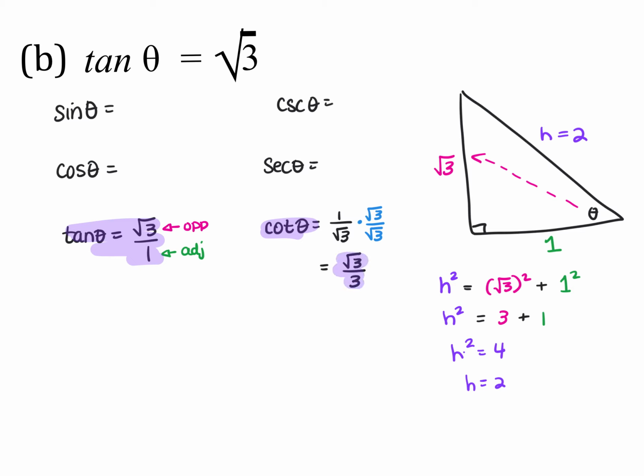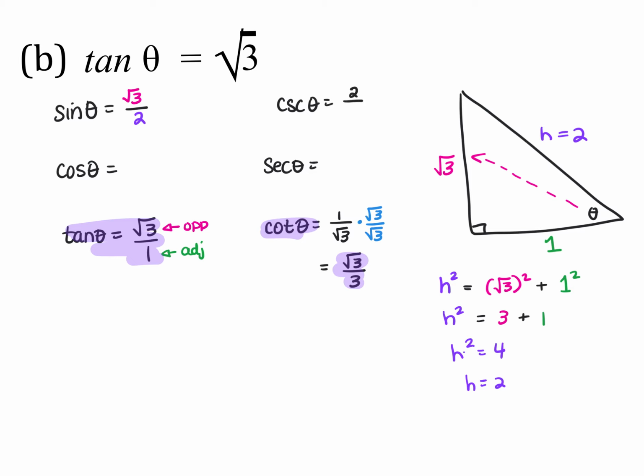All right, next up, let's work on sine. Sine is going to be the opposite side, which is radical 3, over the hypotenuse, which is 2. What's nice about that is there's not really a whole lot I need to do there. I'm actually done. So I've got sine. Cosecant is going to be the reciprocal of that. So cosecant is the reciprocal of sine.